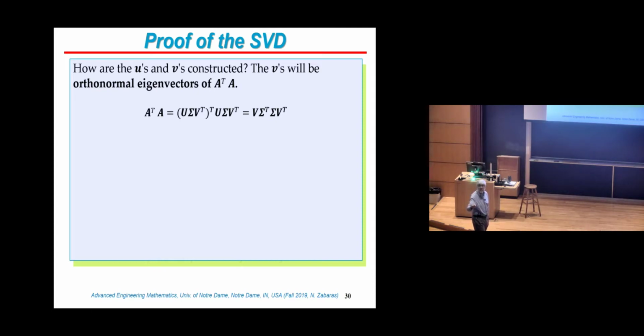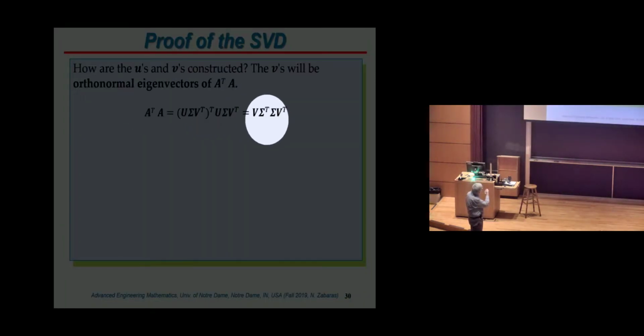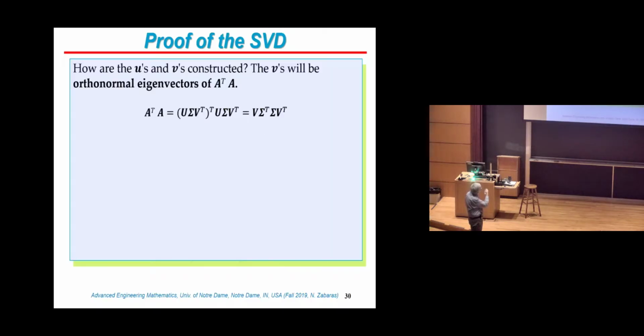The identity. So basically what we get is A transpose A is V times sigma transpose sigma times V transpose. And sigma transpose sigma is really sigma squared. It's still a diagonal matrix with the diagonal being the values of sigma squared, right? Because it's a diagonal matrix.